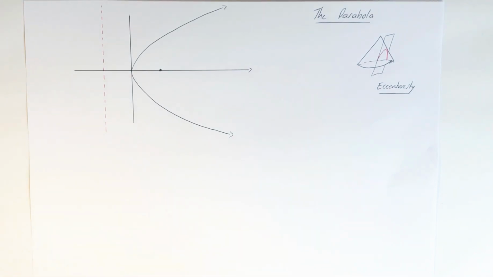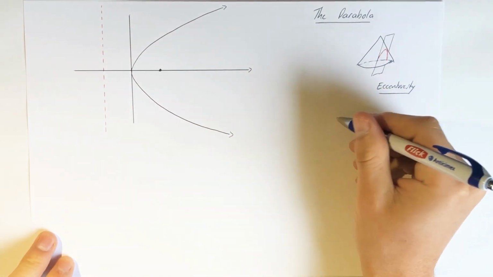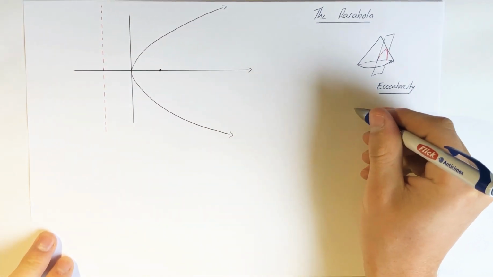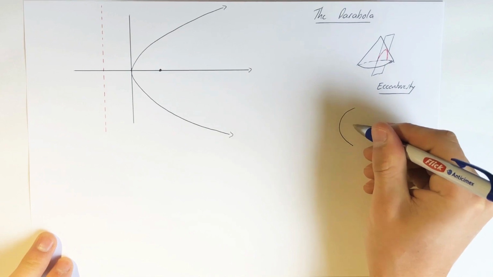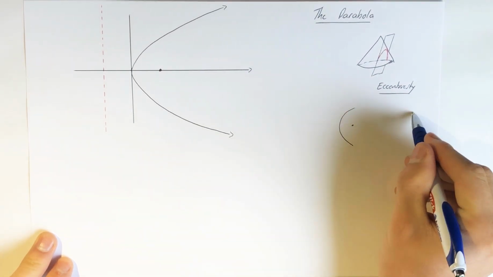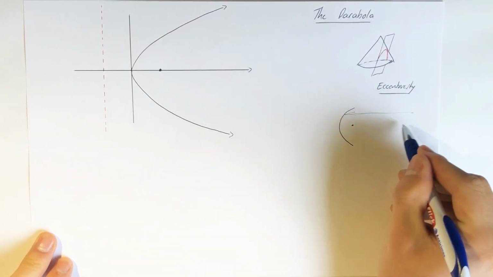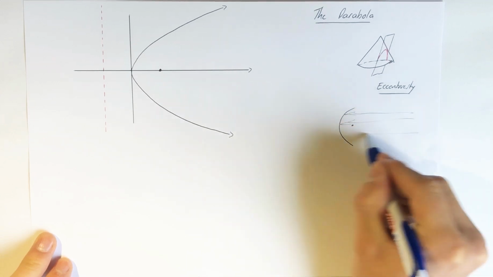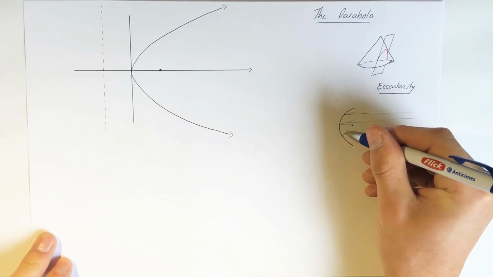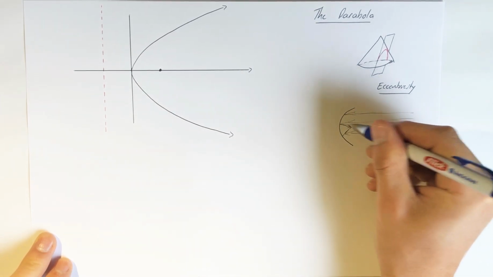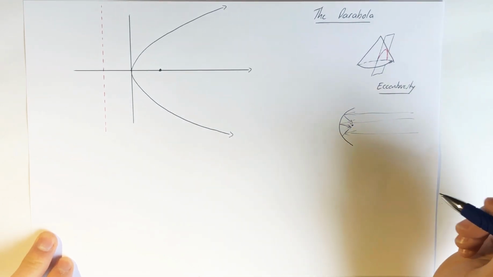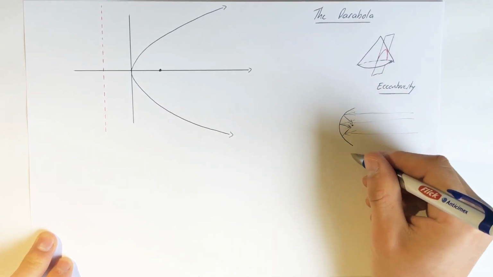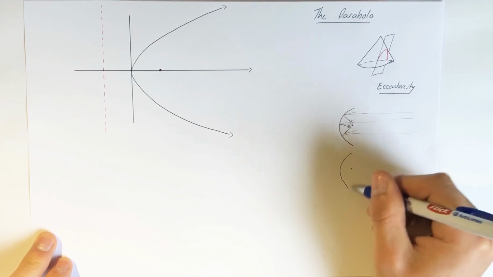So what we're going to do is define the parabola. The parabola is pretty much like a satellite dish. Any receiving information coming in like this gets reflected into a focal point like that. A car headlight works in the opposite way.